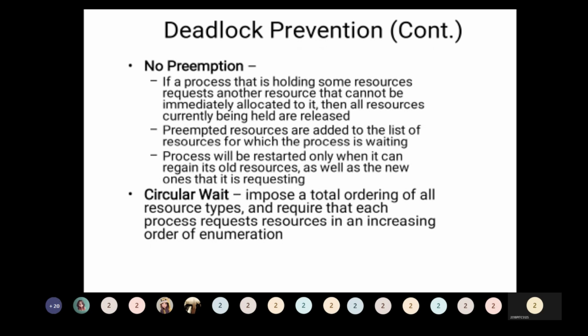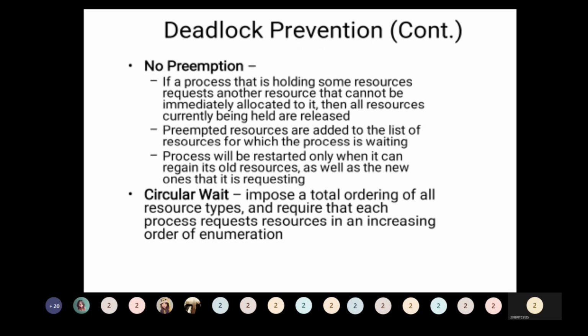Preempted resources are added to the list of resources for which the process is waiting. Whatever resources are preempted are added to the list of waiting resources of that particular process. The process will be restarted only when it regains all its old resources as well as all the new resources it is waiting for.